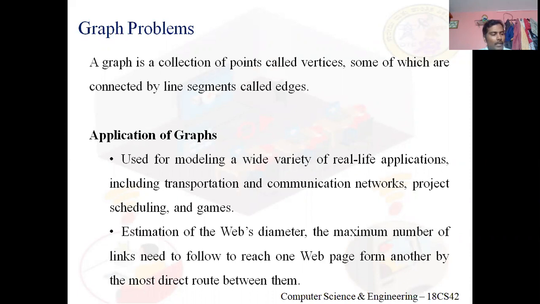I repeat, the places, tourist spots, districts, will be represented as vertices, and the highway that connects those districts will be represented as an edge. Got it? And between each pair of districts, we know the distance in terms of kilometers.